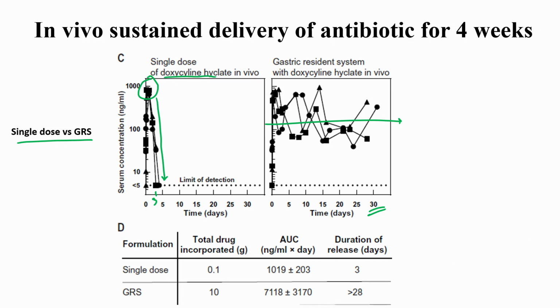The total drug that was incorporated was 0.1 gram in this case, and 10 gram in this case, and you get quite a high AUC as well as duration compared to just the free drug alone. So, not only are you able to deliver a lot more drug, almost 100 times the drug in a single go, it is also sustained for quite a bit of time.